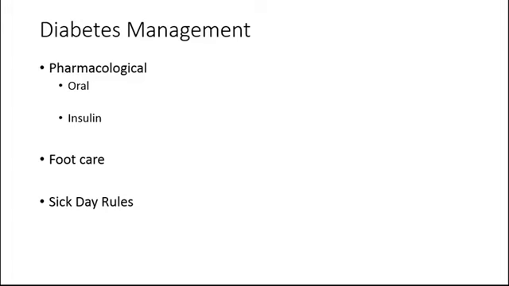Other things that you need to teach your patient about insulin is to read the labels, of course. Whether they use the insulin pen or insulin vials, it's important for them to date them when they open them and start using them.